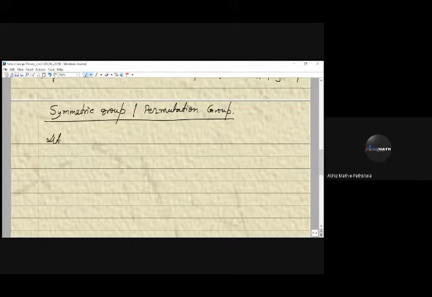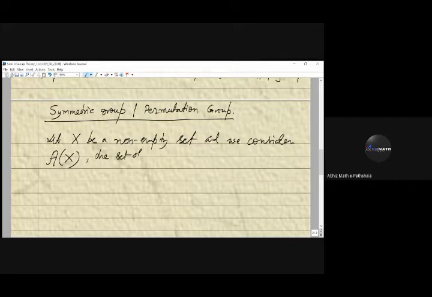Suppose you have a non-empty set X, and you consider curly X, which will be the set of all bijective maps from X onto itself.